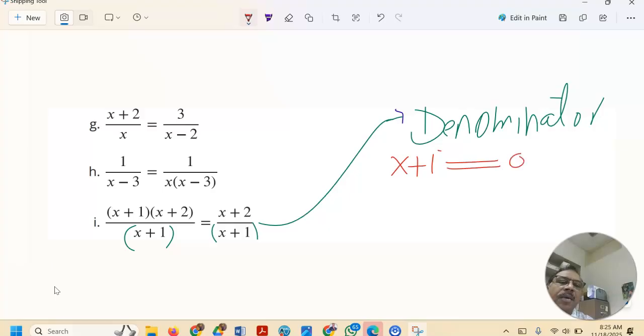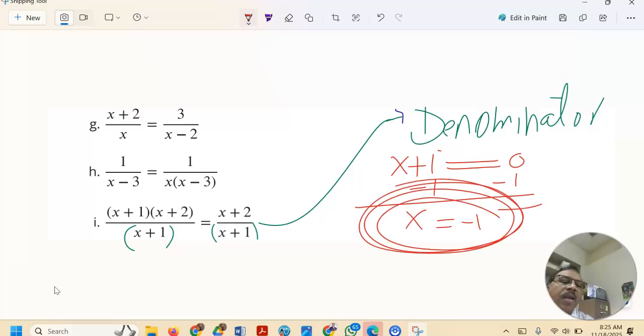And if I put it equal to 0 and subtract 1 from both sides, you end up getting x equals minus 1. So this cannot be the solution. And there is also one more thing here. Yeah. So that's all you're supposed to write.